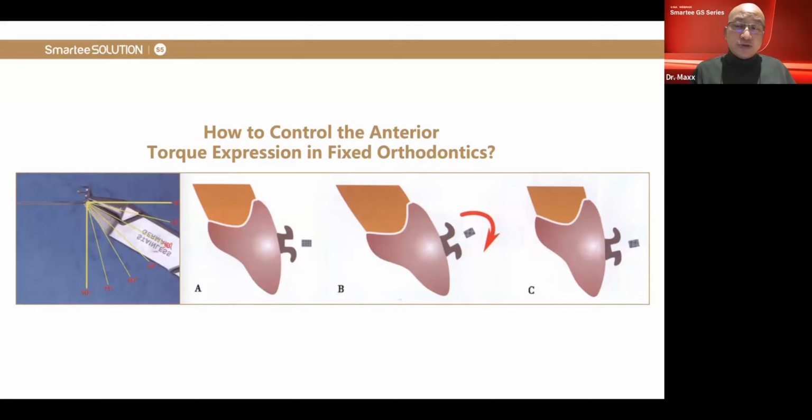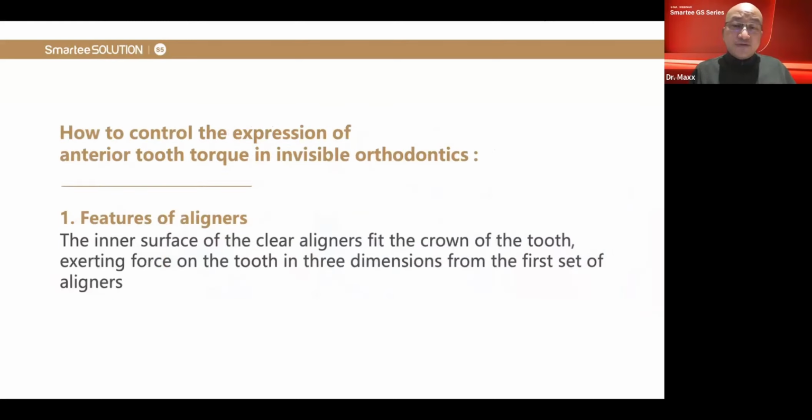So there are two keys in fixed orthodontics in torque expression: first, the position where we put the braces, and second, we bend wires. So that's two points. But it's quite different in invisible orthodontics. Why?